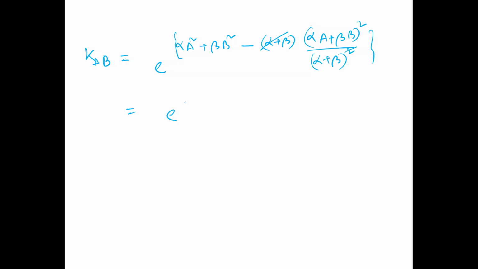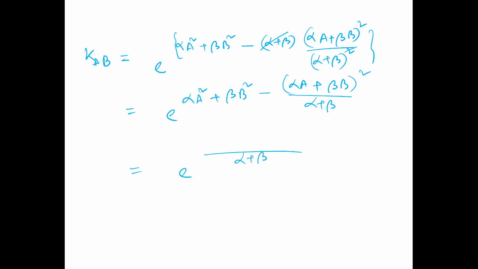Now one of the alpha plus beta will get cancelled. So now you are left with alpha A square plus beta B square minus alpha A plus beta B whole square, divided by alpha plus beta. Now just simply do the multiplication, alpha plus beta times alpha A square plus beta B square.